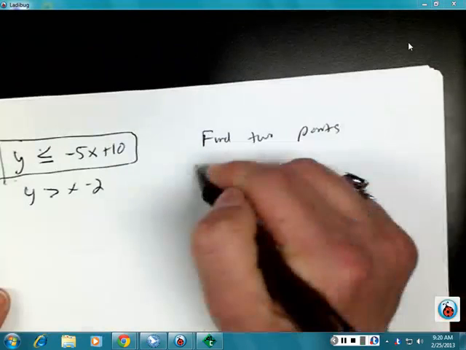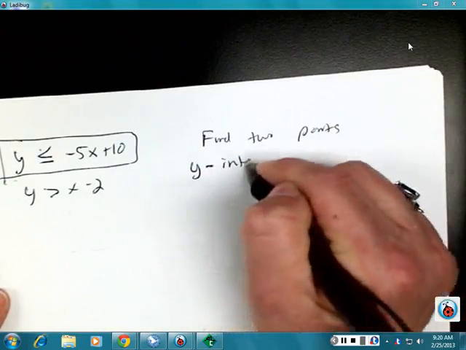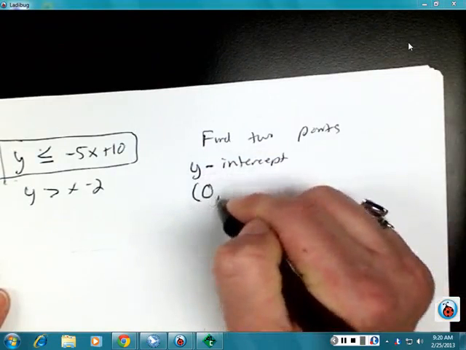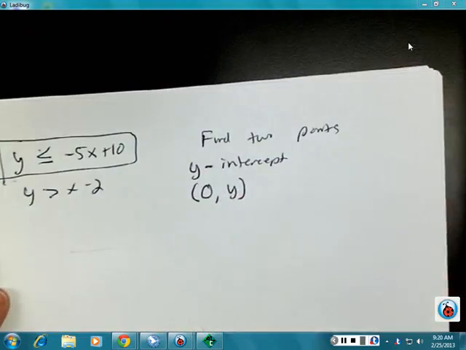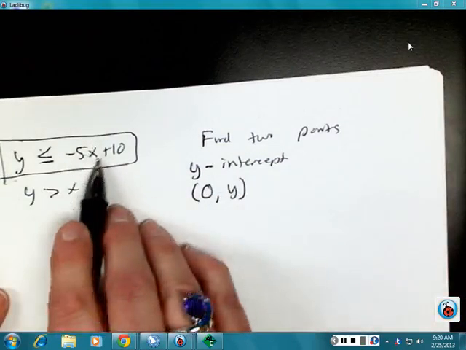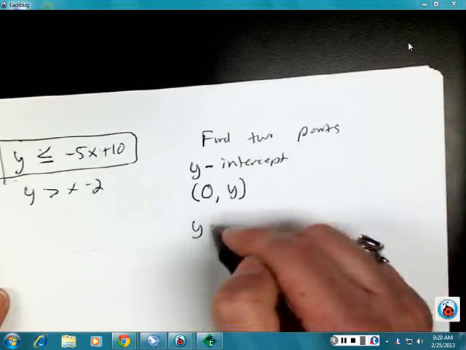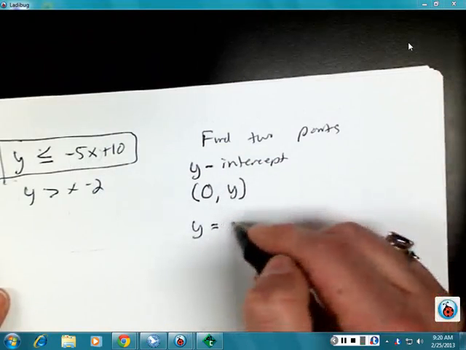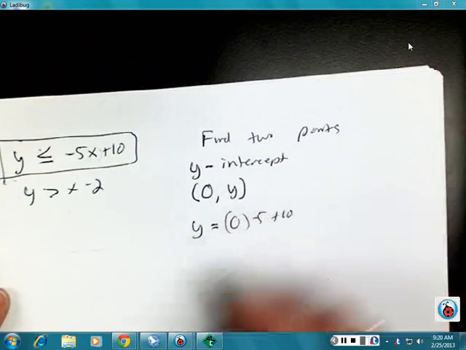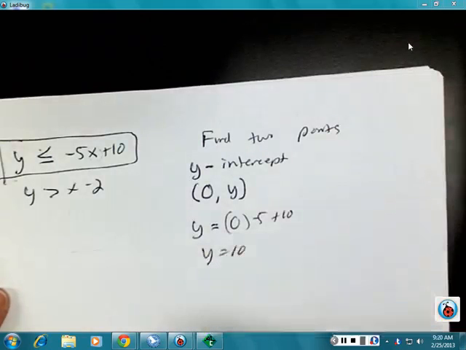So my easiest points to find are the y-intercept, and that happens to be when x is 0, y is going to equal some value. So what happens here is I just simply put 0 in where x is at. So y equals 0 times negative 5 plus 10, or y equals 10.